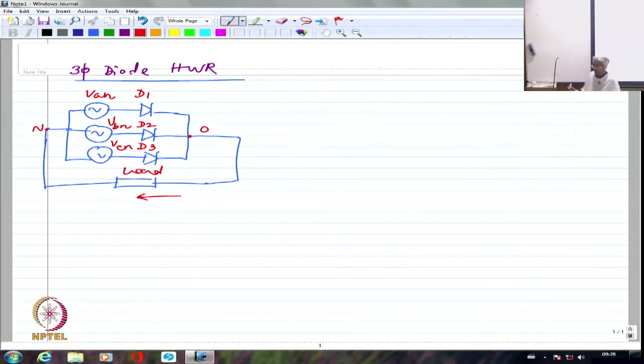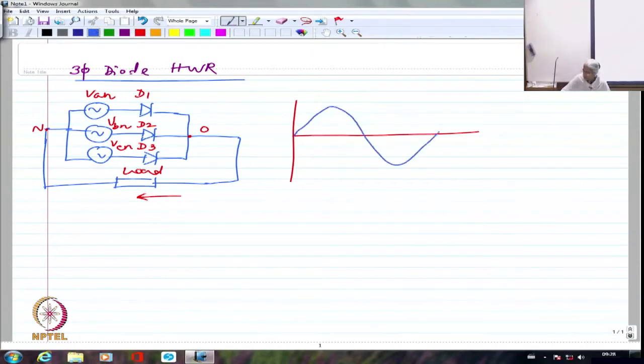If I say that this is my zero line and this is going to be my A phase, B phase will be phase shifted by 120 degrees like this, and C phase is going to be phase shifted by another 120 degrees like this. This is how it is going to be. So whichever is the most positive, that will conduct at any point in time.